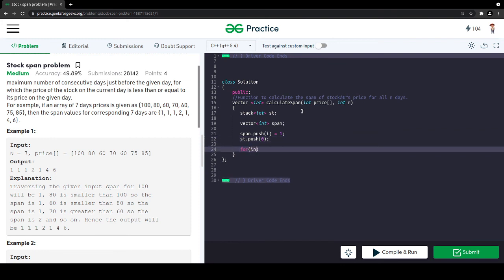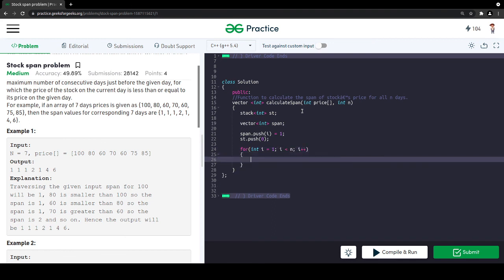So now I will be starting from i from 1 to n, and while the stack is not empty and price of st.top is greater than or equal to price of i.